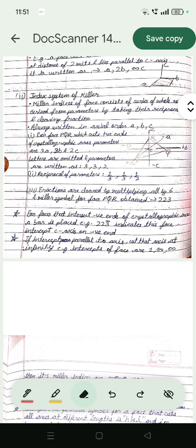And here are some important points about this Miller system. For faces that intersect negative ends of the crystallographic axes, a bar is placed, for example 22 3-bar, which indicates this face intercepts the C axis on the negative end.